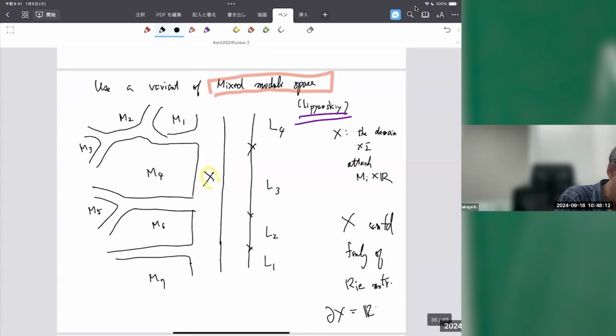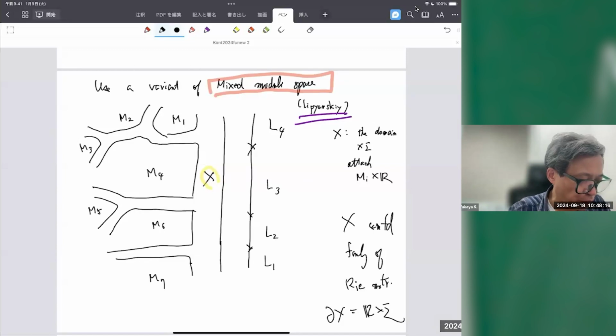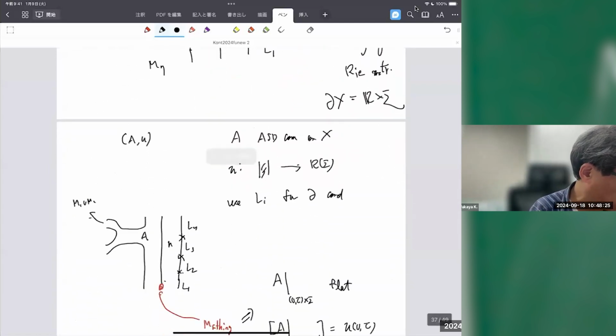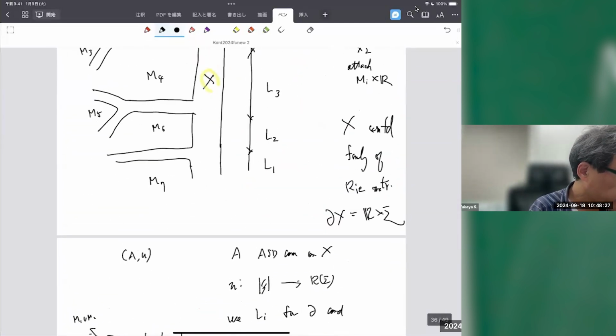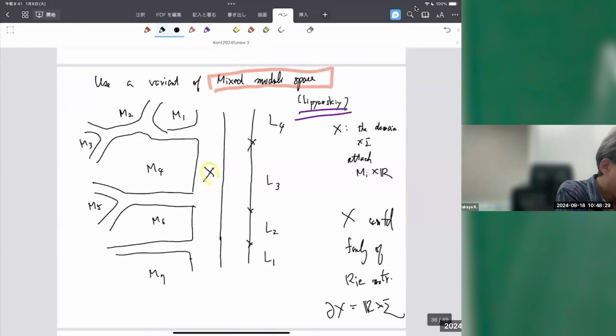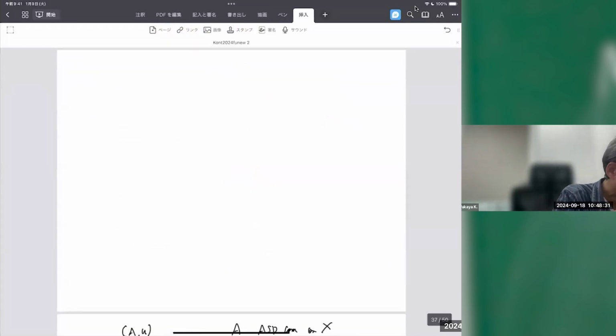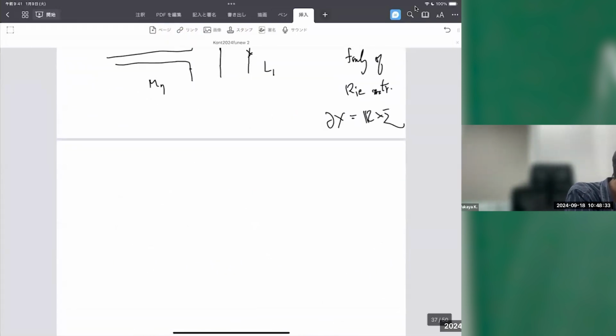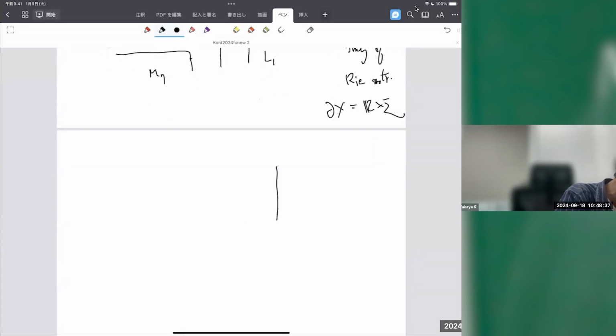It is R cross sigma. Before, I used a four-manifold without boundary but with an end. But here we have a four-manifold which has one boundary component. So what is X? I just draw again. I take this kind of picture. We have this boundary, and the rest is something like this.